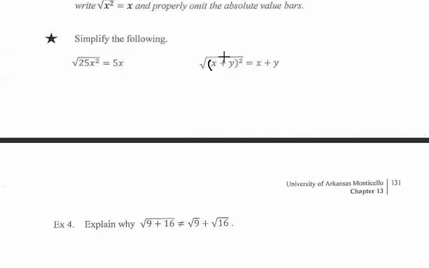So what we have is something squared inside of a radical, so whatever's squared ends up being the square root. That doesn't have to be a single variable or a single number. It can be, as we see here, the sum of two.